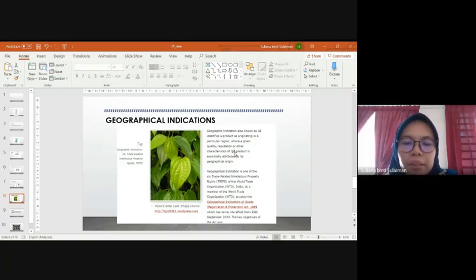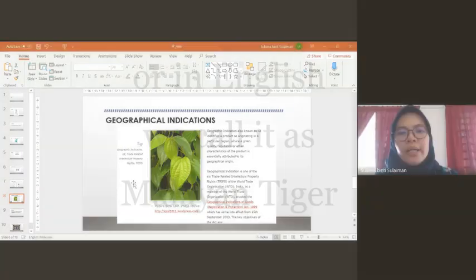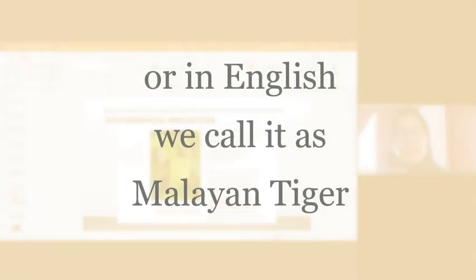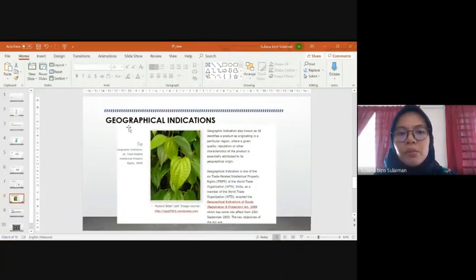For example, for Malaysia, Indonesia, and also the Asian region, we have what we call Harimau Malaya. Harimau Malaya actually is a tiger that can be found within Asian countries. The same goes for this example of this leaf.